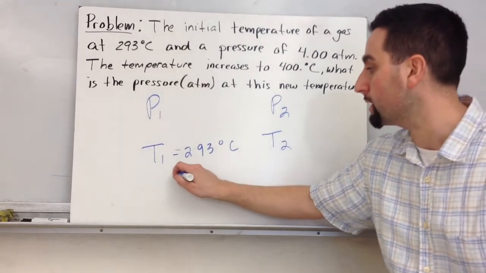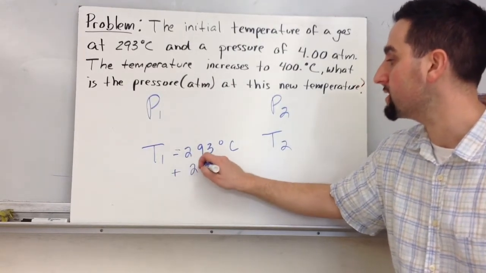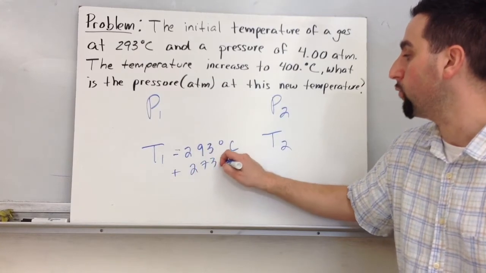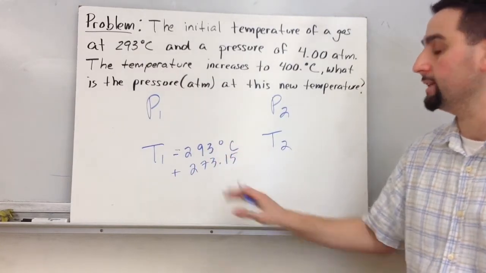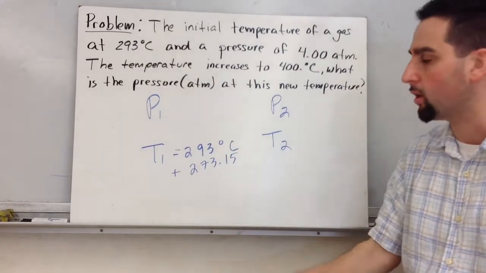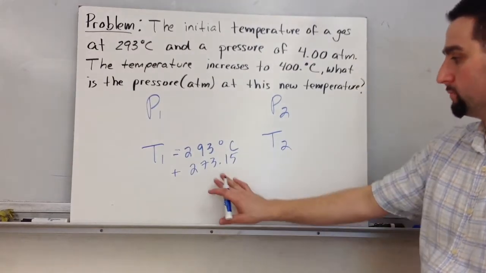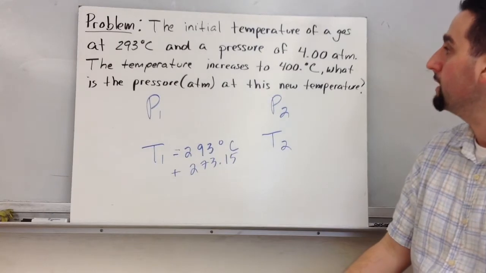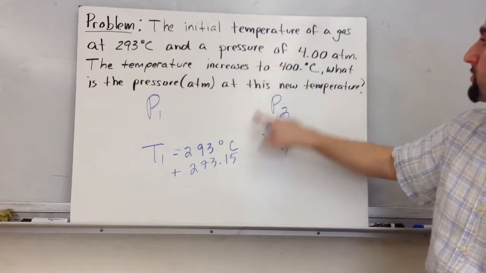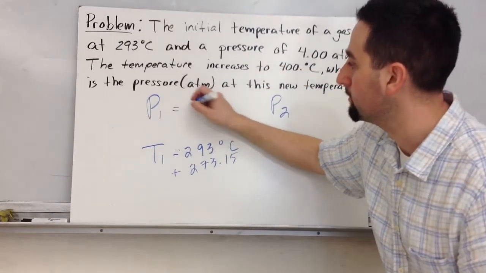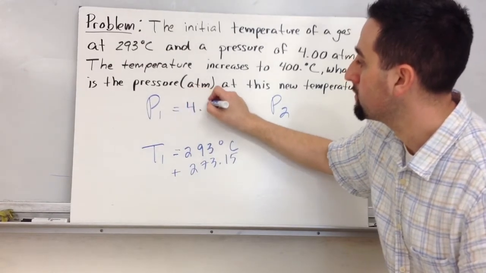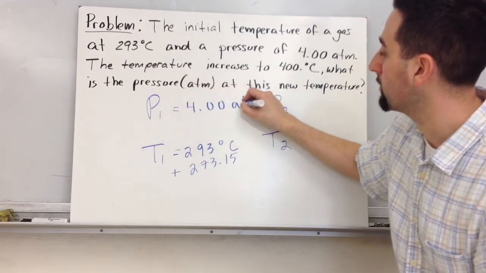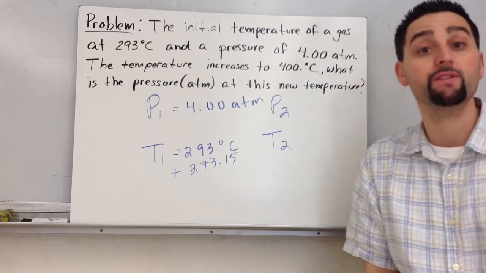To do that, we're going to have to add 273.15 to get to Kelvin. We're going to hold off on that, but just as a reminder, we can't keep it in Celsius. And we have a pressure at this temperature of 4 atm, so we know we're under 4 atmospheres of pressure.